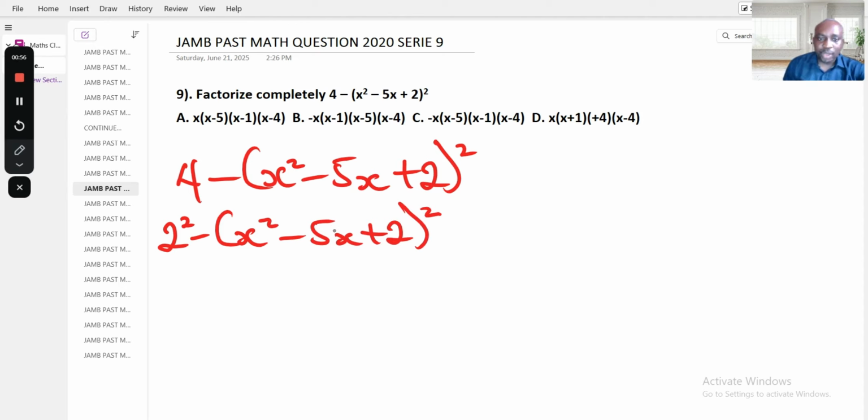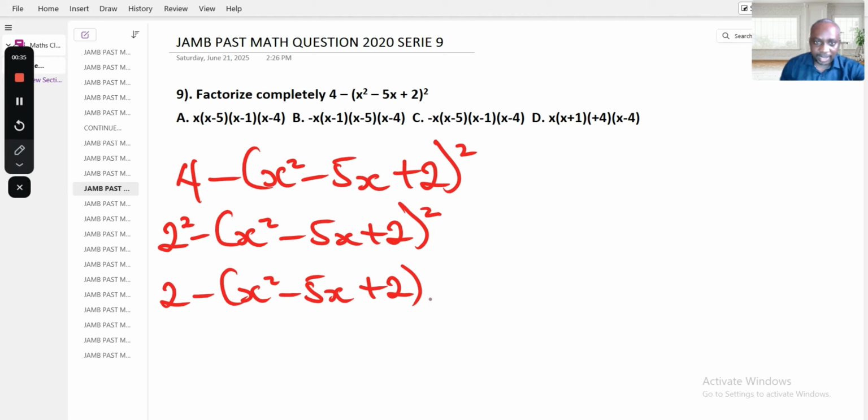The next thing we are going to do is open the bracket and expand this raised power. Let's expand: bracket x squared minus 5x plus 2. This is 1, exactly like I said. The second one, because everything is raised power 2, this raised power 2 and this 2 here, this is 1.